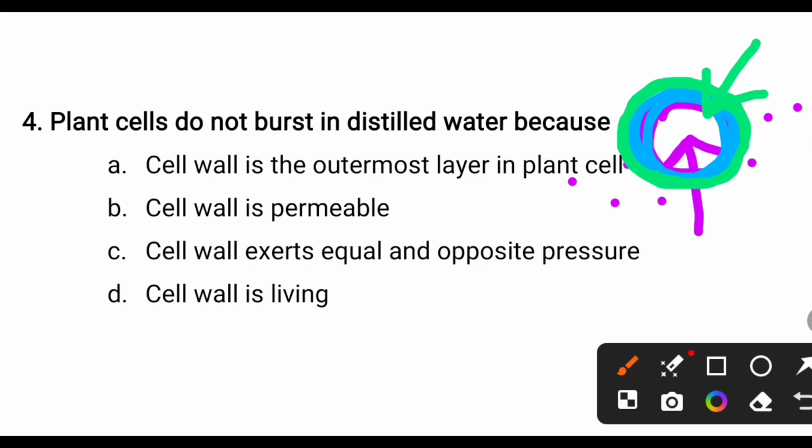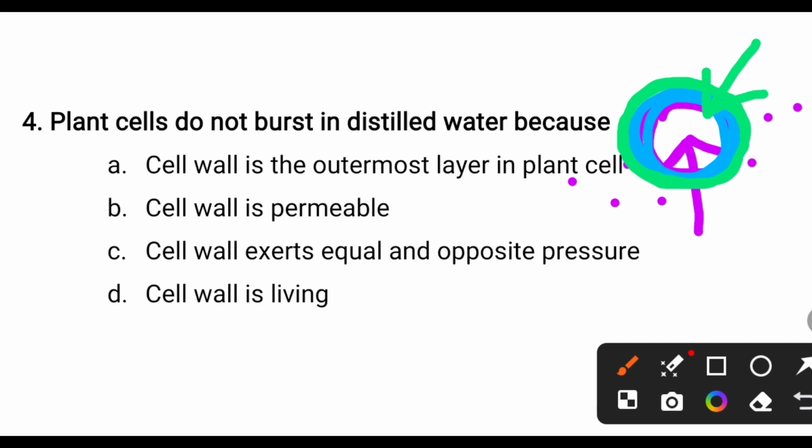Turgor pressure and wall pressure are equal but in opposite direction. They are opposite to each other. So that's why the plant cell does not swell, even when kept in hypotonic, that means low concentrated solution. Why? Because plant cells have cell walls outside the plasma membrane.